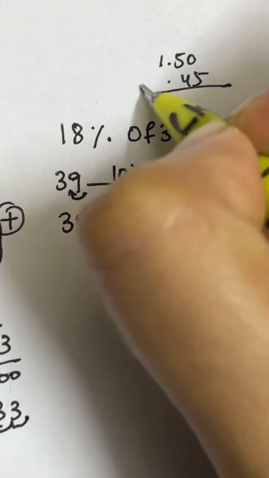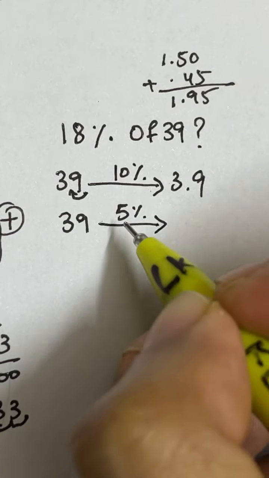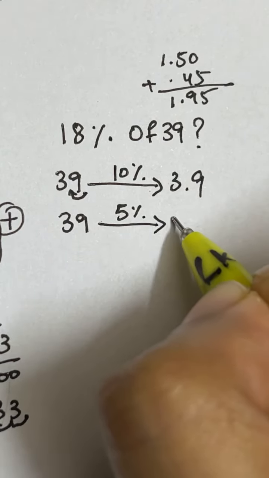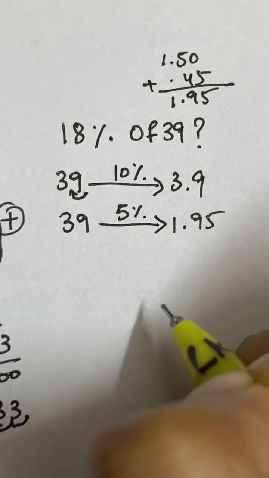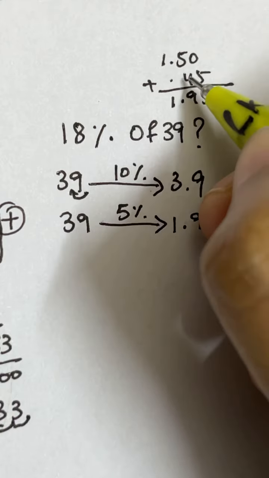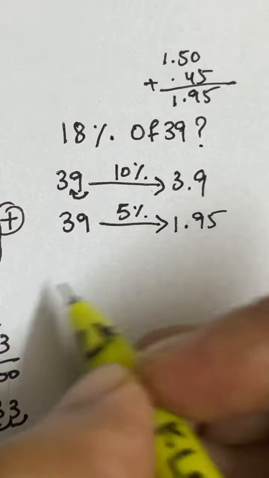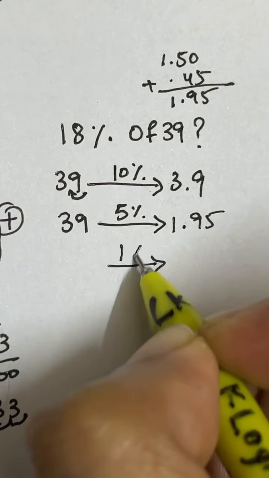So that would just add up and give you 1.95. So 5% of 39 is 1.95. That's easy. Half of 3 is 1.50. Half of 9 is 4.5. So 1.95.